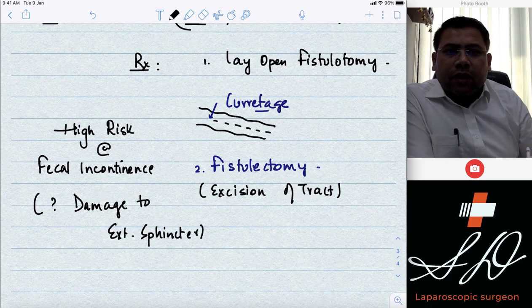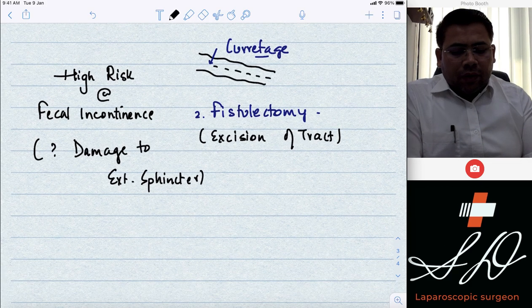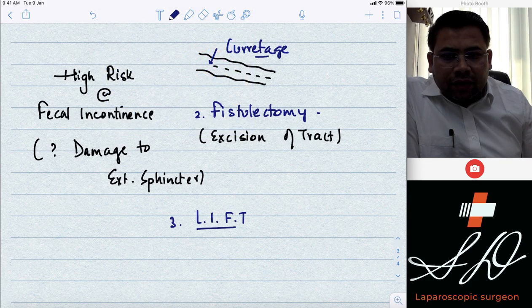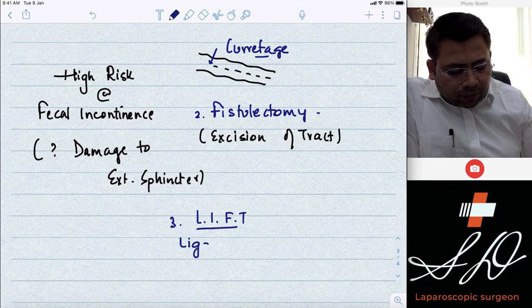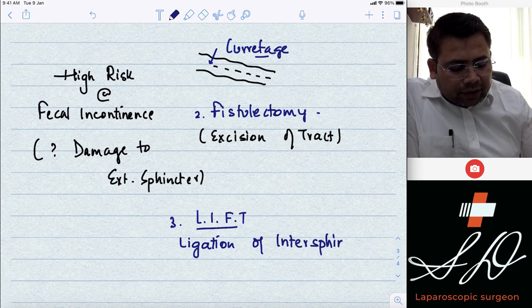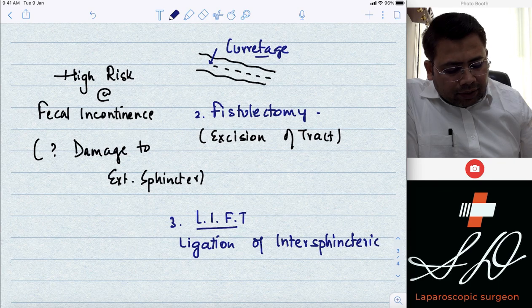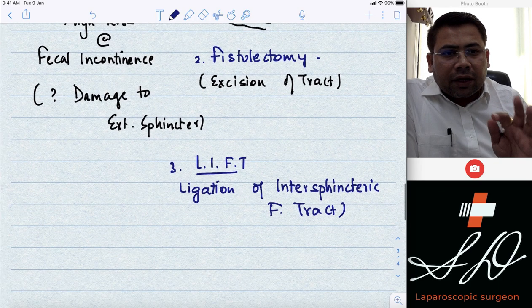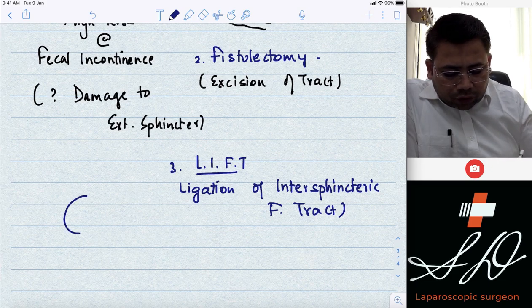So now what I am specialized in, we do at our center a surgery which is known as LIFT. What is LIFT? Yes, ligation of inter-sphincteric fistula tract. Now, what is this approach all about?